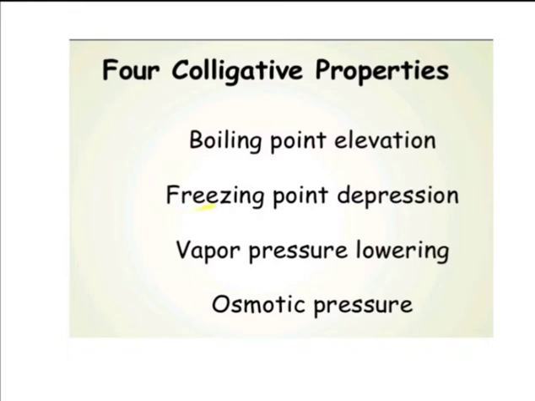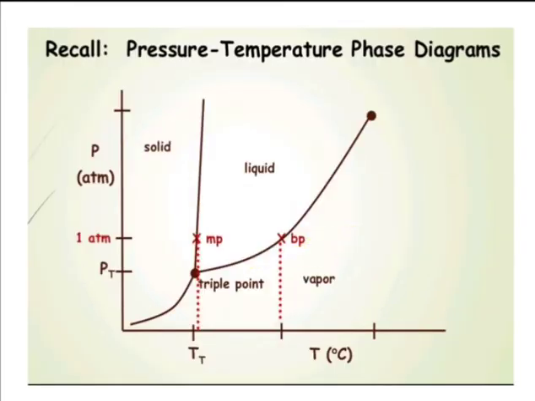Then next one is freezing point depression. Next is vapor pressure lowering, or the lowering of vapor pressure. And last one is the osmotic pressure. All these 4 properties depend upon the solute particles, so they are called the colligative properties.